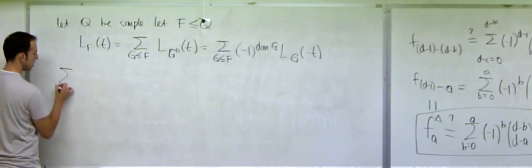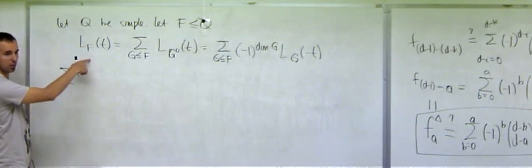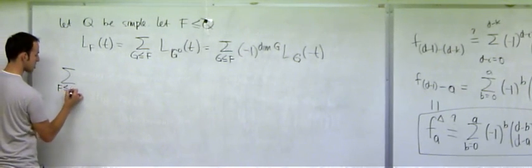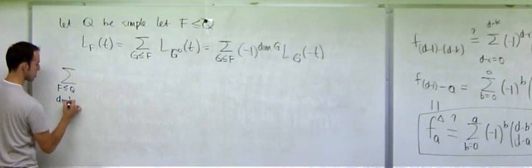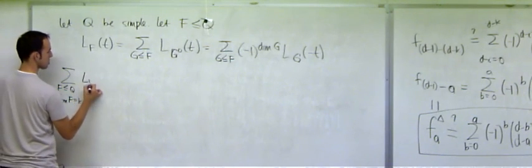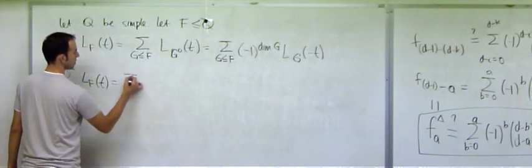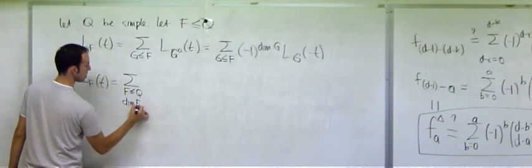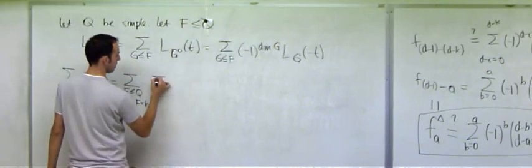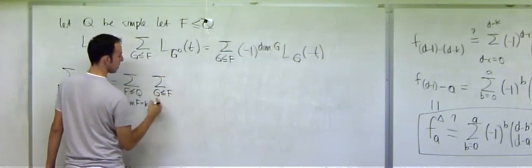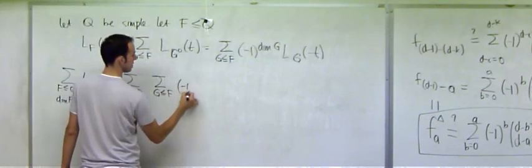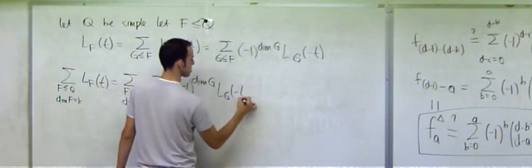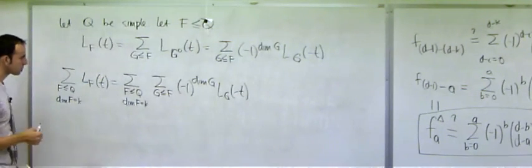So let me now take this equation and sum over all faces of dimension k. So then I get the sum over faces f of dimension k, and then the sum over g a face of f, and then this thing. Okay?